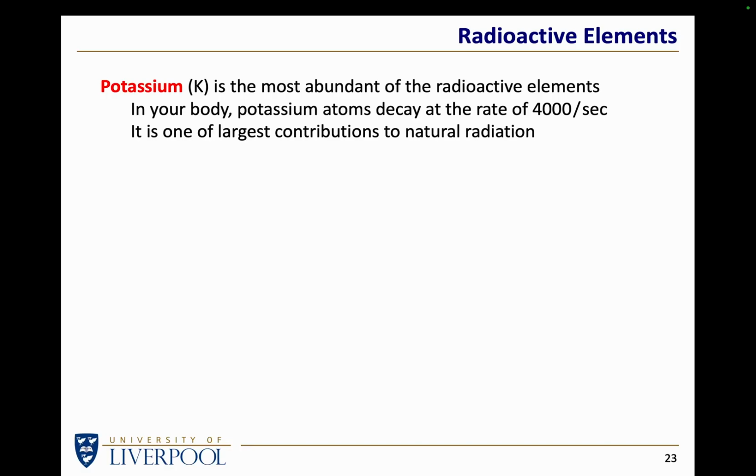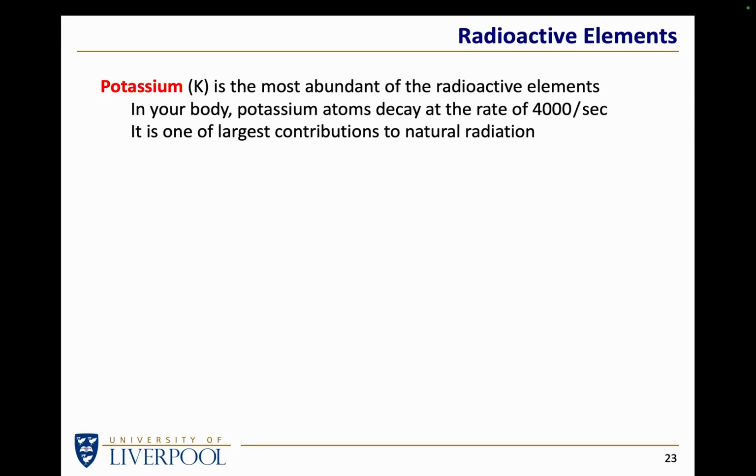If you work out how many atoms of potassium there are in your body and how likely they are to change into something else, there are 4,000 changing every second. But you have an awful lot of atoms, so 4,000 per second doesn't change you that much.